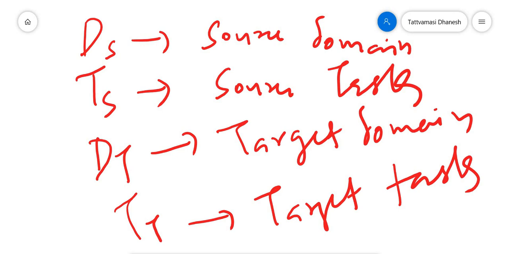So the objective, this is the most important definition for transfer learning. You understood what is Ds, what is Ts, what is Tt and what is Dt.